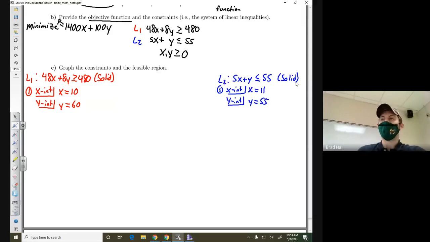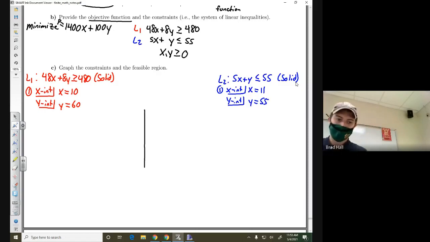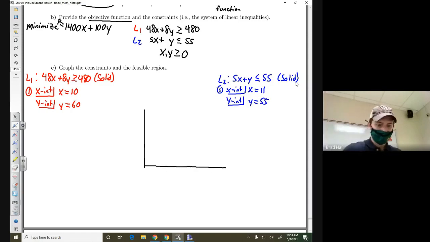And so I like to take the largest intercept and use that as the upper bound for my graph. Well, let's go ahead and draw a graph. It doesn't have to be anything crazy specific. All right, there we go.